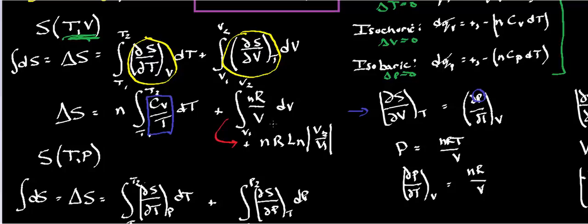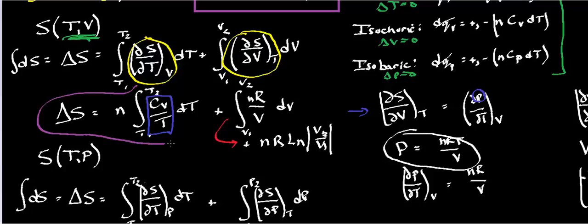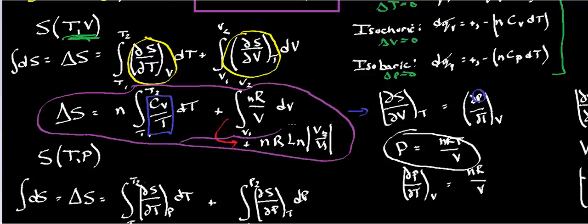If I had another kind of gas, like a van der Waals gas, I would use the van der Waals equation of state to get an expression for the partial of P with respect to T, and I would plug that in and integrate it with respect to V. In any case, this is the expression that you'll want to use.